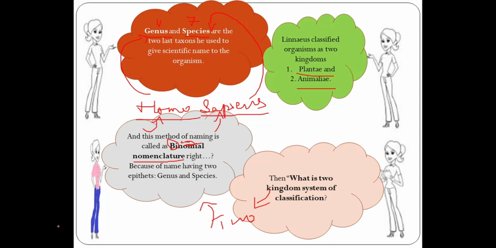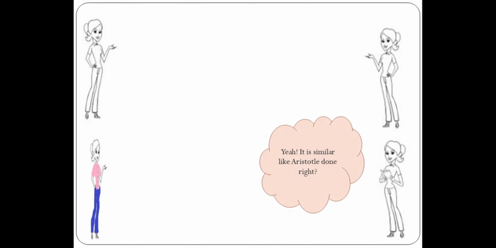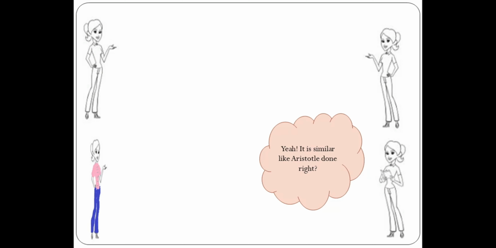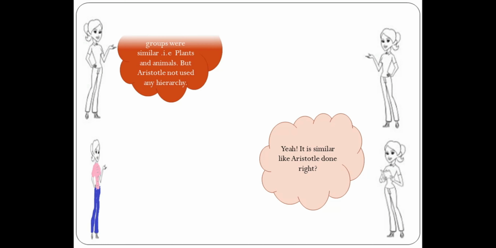Looking at this, we feel that it's similar to Aristotle's classification. Then why was this done? The answer is that Aristotle mentioned the same groups, but he did not use any taxons. Carolus Linnaeus used 7 taxons to group the organisms completely, from a large group down to a particular type, that is, a species.